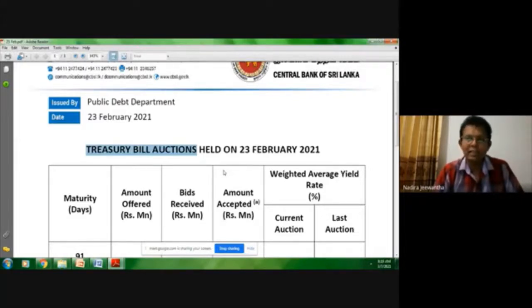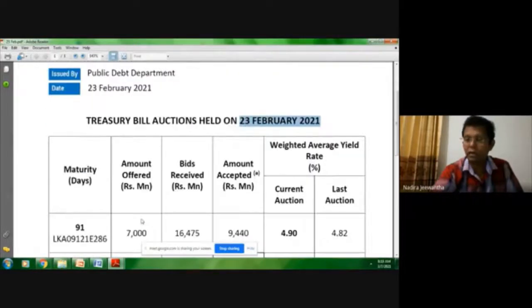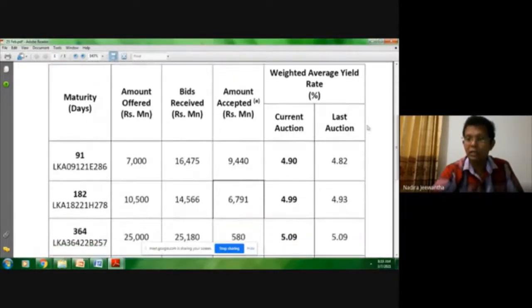There you saw the treasury bill interest rate compared to the previous week. It has lowered, it has come down. But see this one. Today, this is the 23rd of February 2021. Compare the previous auction and see the current auction results.